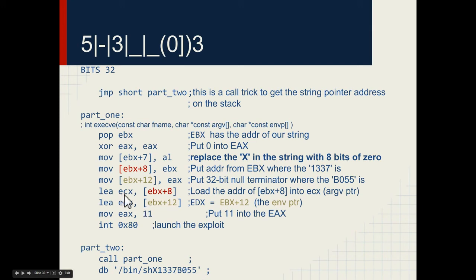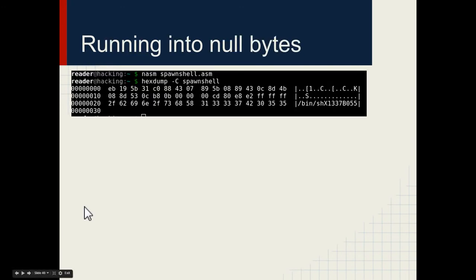We're using it once to terminate the array for ECX, and we're using it again to be just a null terminated array for EDX. Brilliant. Then we set up EAX to have the appropriate system call number, and we call int 0x80, and that's what will launch. Hopefully you all understand that.